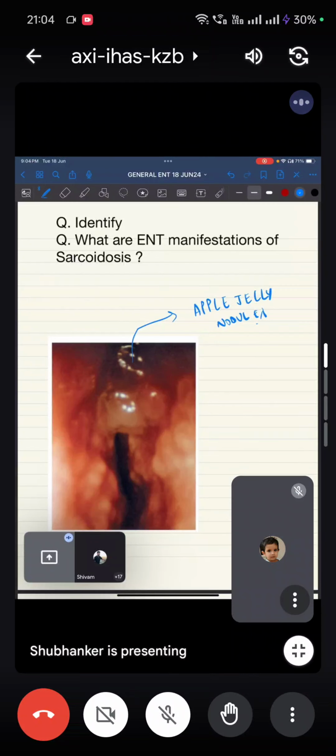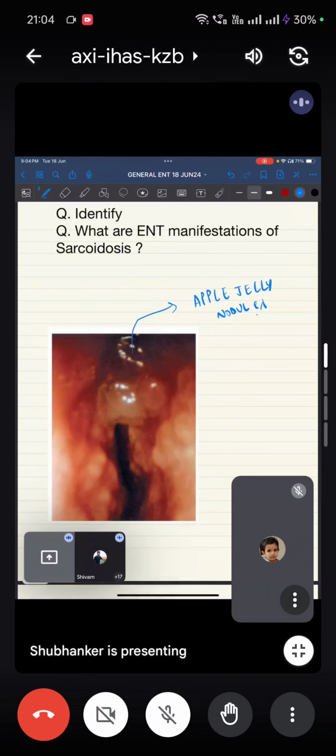Okay. Now the second question that will be asked is the ENT manifestations of sarcoidosis. For sarcoidosis, there is a very classical term which is answered by the path people. See, practically, as far as I am concerned, I am not a very big fan of path and HPE images. Our work is not that of a pathologist, so I generally tell people to please ratify those HPE images which are asked from path, and forget about it.